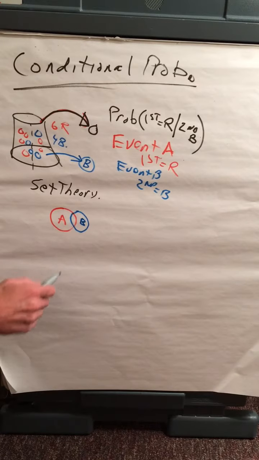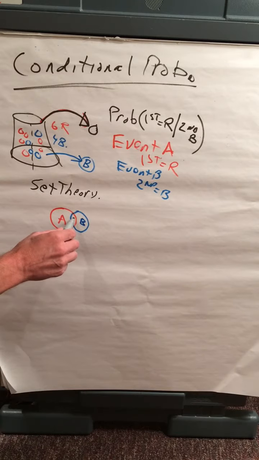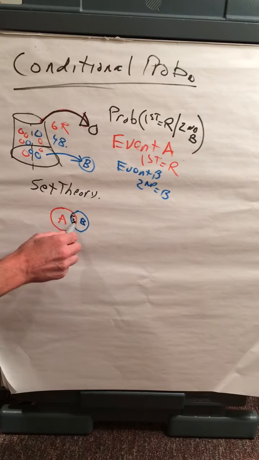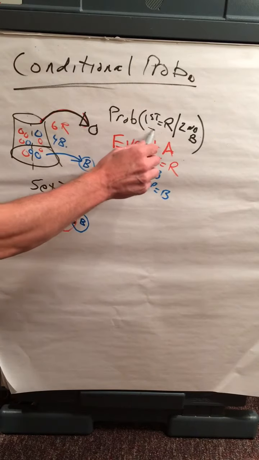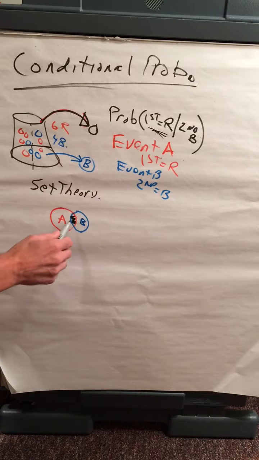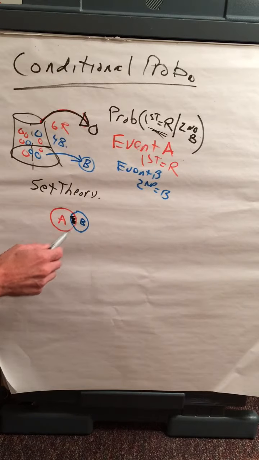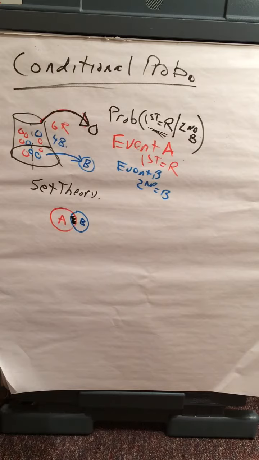So that event's going to be true or that event's going to be false. Now that intersection there is the intersection where both are true, where the first ball is red and the second ball is blue. Now, what we want to try to find is that probability there, that the first is red, given that the second is blue.